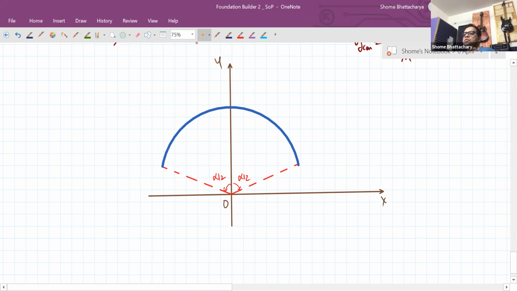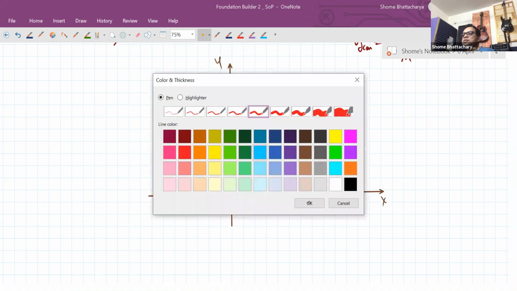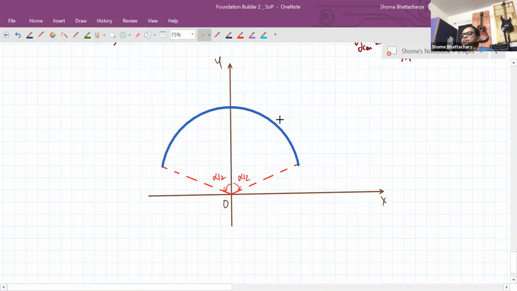Okay. So now again what I will do is I will take an arbitrary theta like this. I'll slice a small element so that dl will become r d theta.